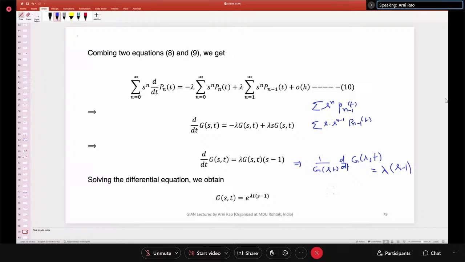Now you take the derivative, and if you integrate this one, this is a derivative of that.